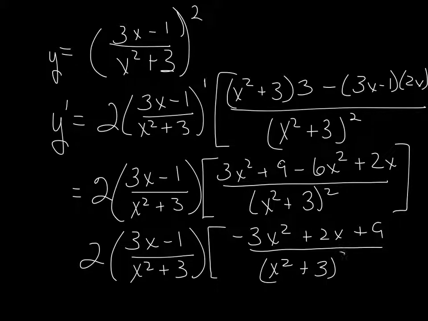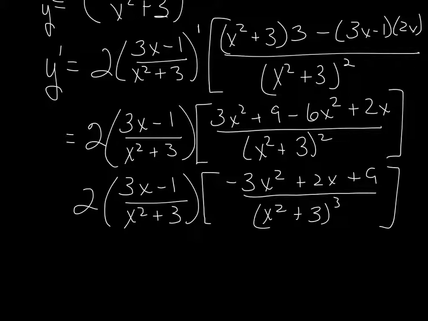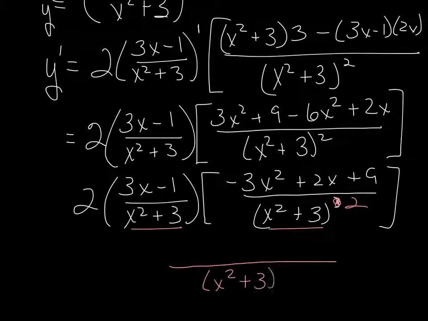Now really here, the only thing that we can do to simplify this any further: notice I have, wait, should it be squared? Yes, it should, thank you, and I may not be able to erase it at this point. Oh, well. That should be squared. All right, now notice I have x squared plus 3 times (x squared plus 3) squared, so my denominator becomes (x squared plus 3) cubed.